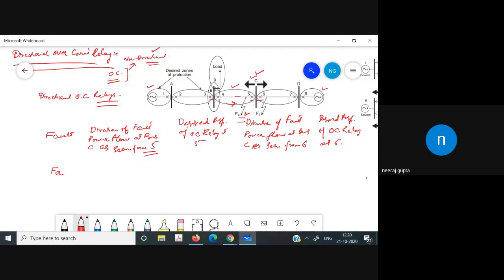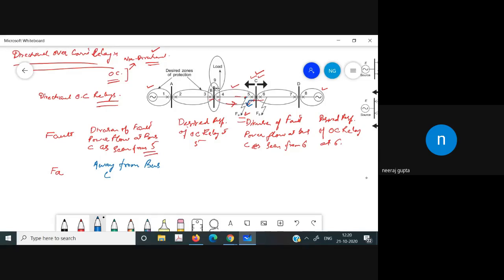It means that we have to see the power flow in relation to bus C. When the fault takes place here, the fault power will move away from bus C. Here it is fault.